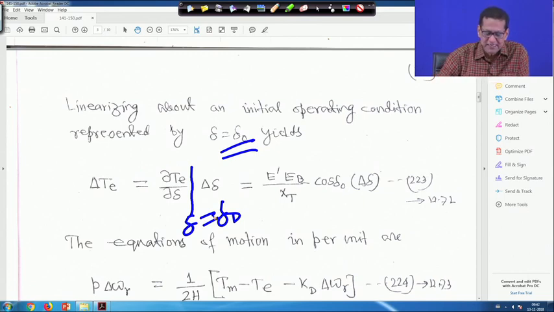Therefore, T is equal to E' E_b upon X_T sin delta.